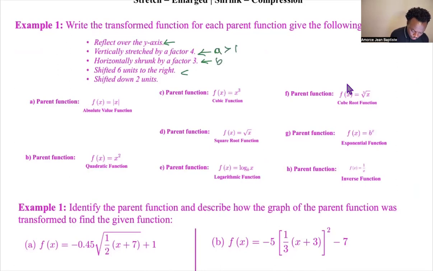That's B, greater than 1 because it's a shrink inside. 6 to the right, that's H, that's negative H. And shifted down 2 units, that's negative K. Okay. And that's a minus inside, a negative inside.